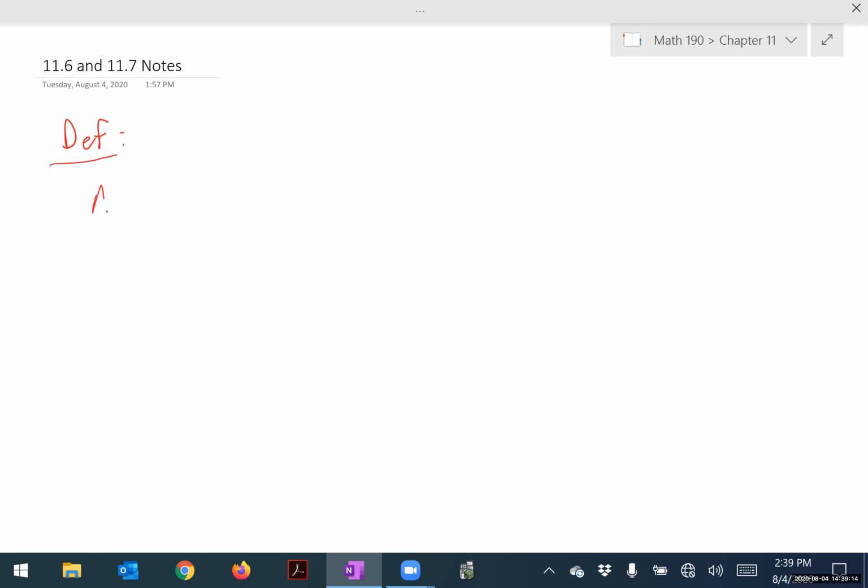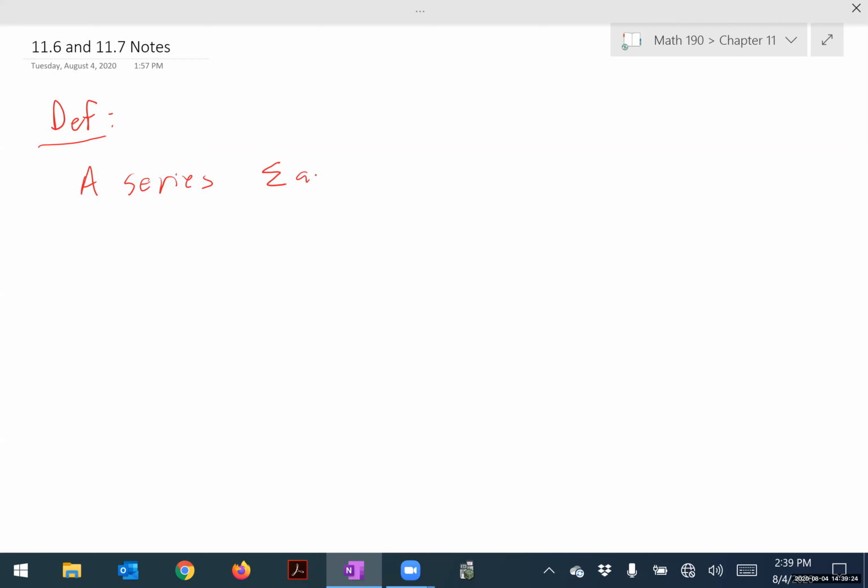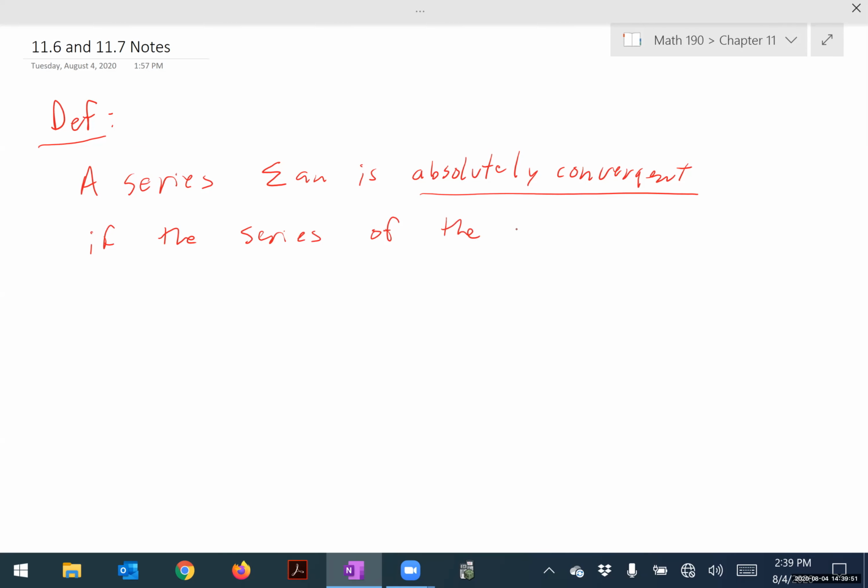A series, the sum of a sub n, is absolutely convergent if the series of the absolute values is convergent.